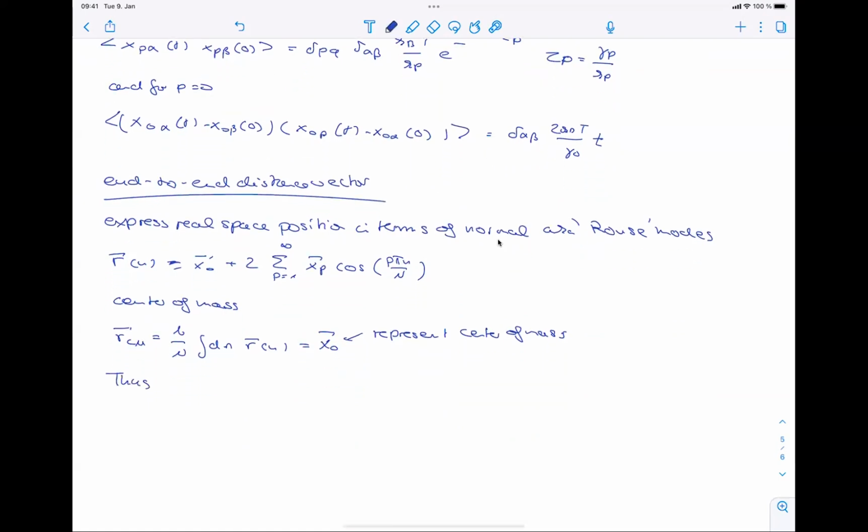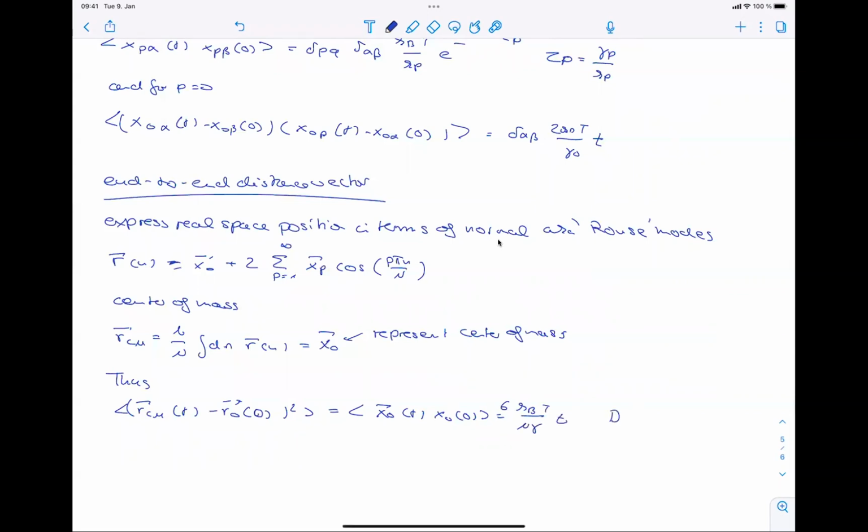And indeed, if we now consider the center of mass dynamics over time squared, this is then looking at x0 minus the correlation of them, and this correlation is 6 kBT over N gamma t.